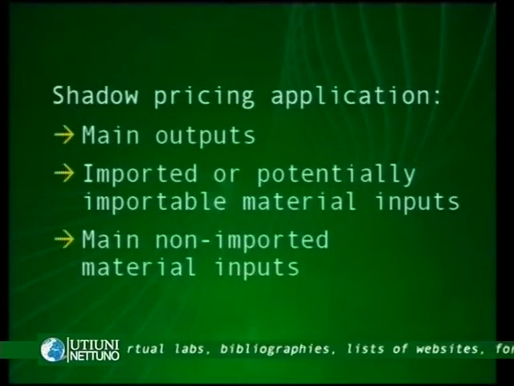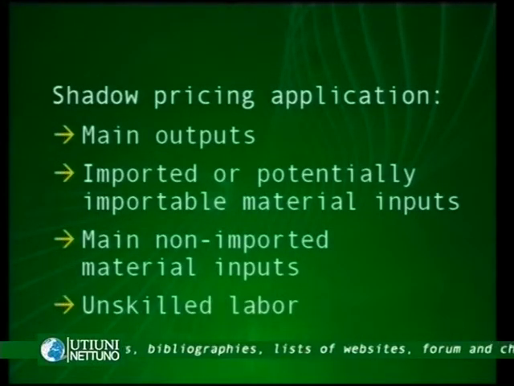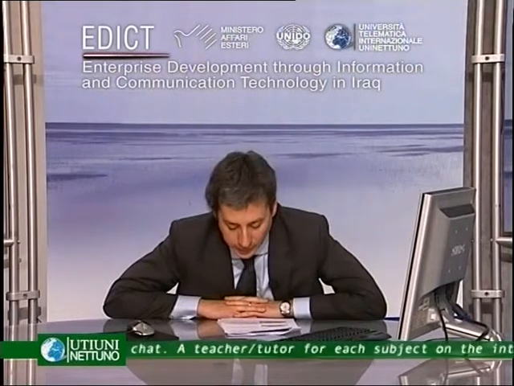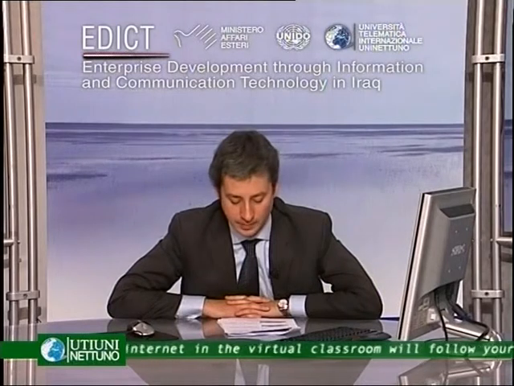In particular, shadow pricing application, that is at the basis of economic analysis, in particular of the economic cost-benefit analysis, is particularly required when, for example, the economic value is at least 5% different from the financial value. So this is a general practical indication that is given.